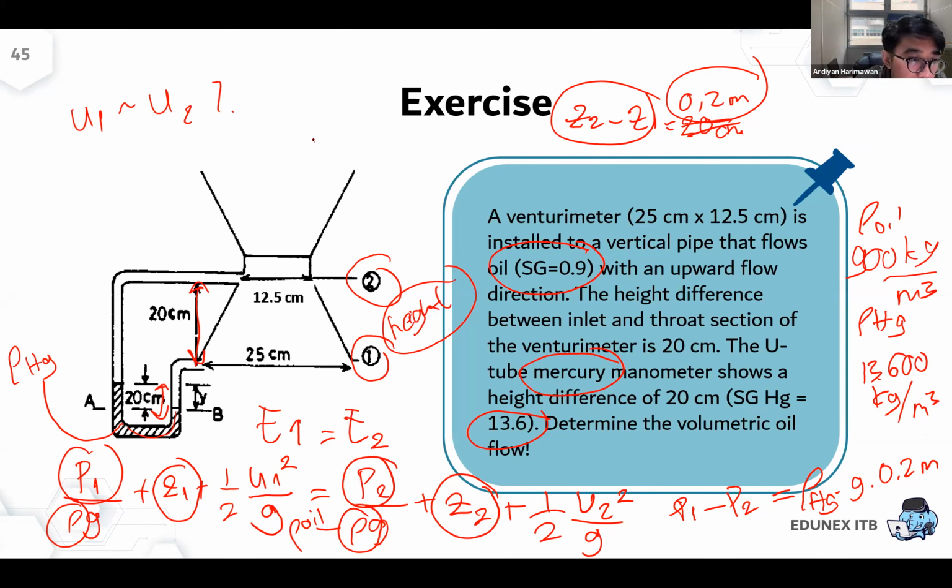Just Q1 will equal Q2, right? In terms of cubic meters per second. Q is basically this one. You need either the value of velocity at point 1 or velocity at point 2.